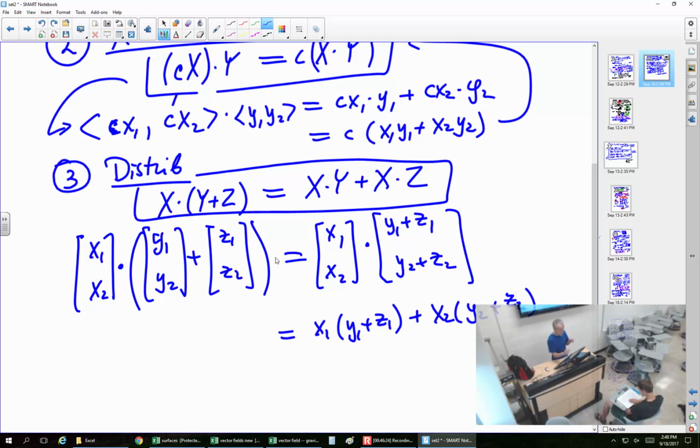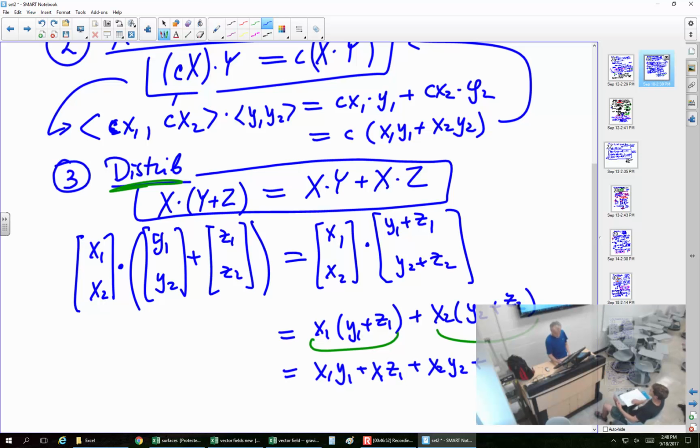The property is the distributive property, and we have two places for distribution. So we can forget about the vectors and just look at the distributive property of numbers. We distribute multiplication over addition, and naturally we have what we expect. It will be x1 y1 plus x1 z1 plus x2 y2 plus x2 z2.